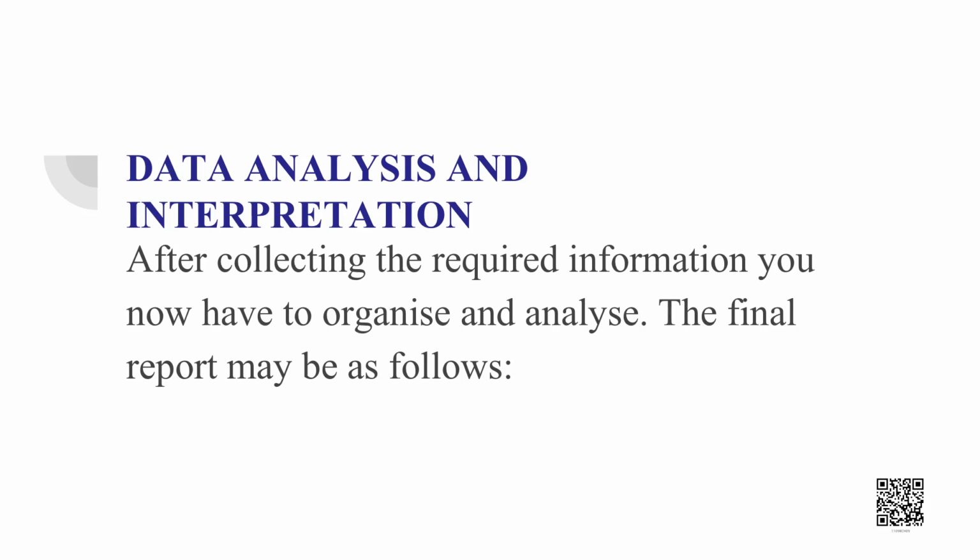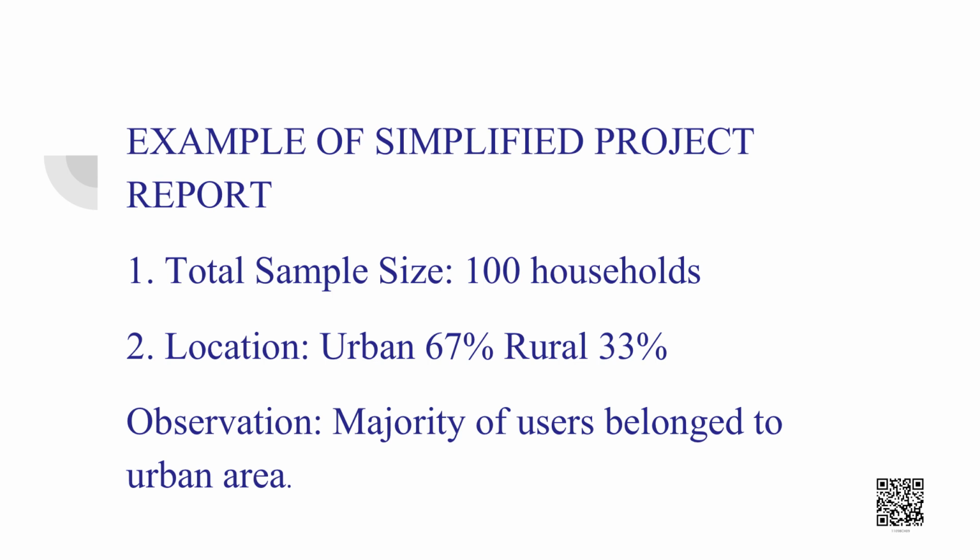So, now let us analyze and interpret the data which has been obtained. After collecting the required information, we now have to organize and analyze the obtained data. So, the final report may be as follows. We might have surveyed around 100 households, it could also be 500 households, depending upon the need of the investigator.